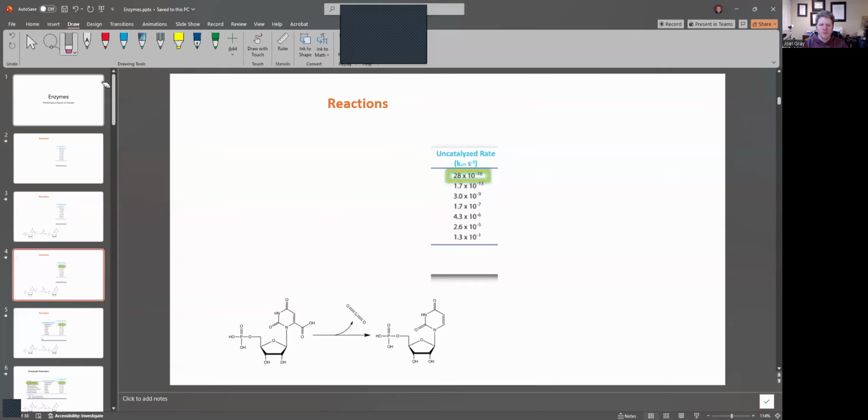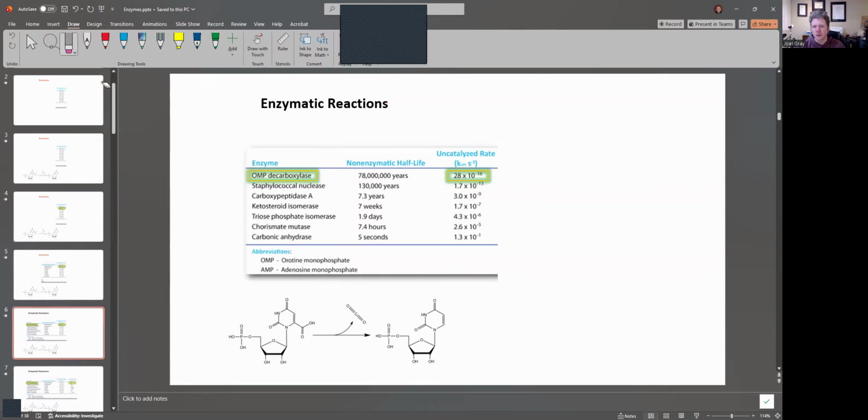And it happens at a rate of approximately 28 times 10 to the negative 16 inverse seconds. So it's a very, very small number. So if you have an amount of that, for half of it to be gone would take approximately 78 million years.